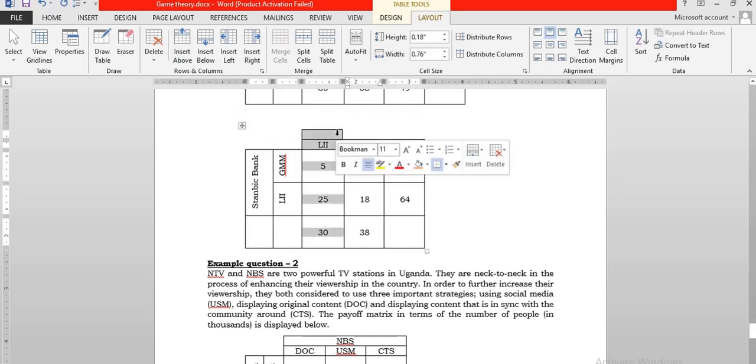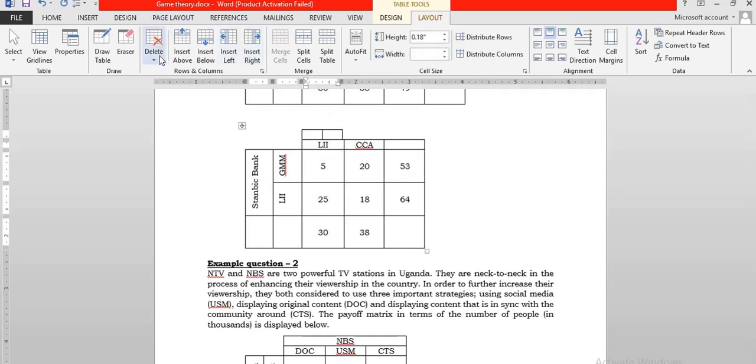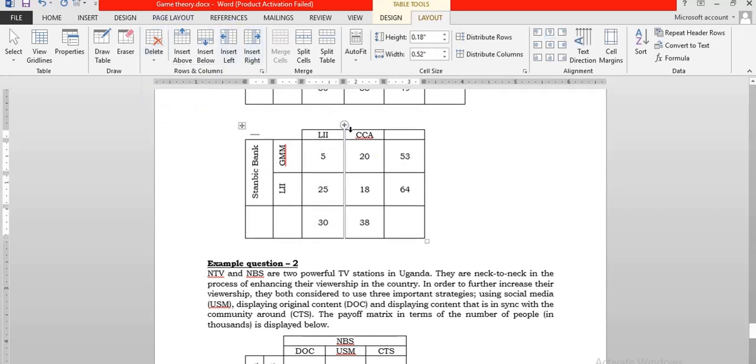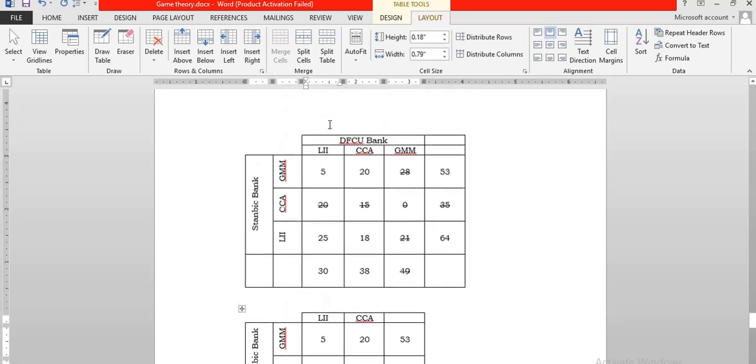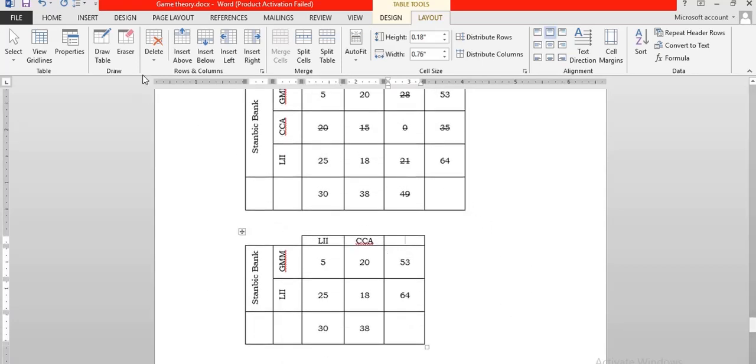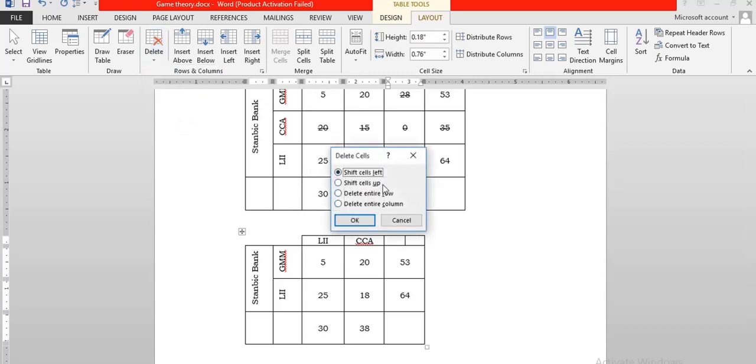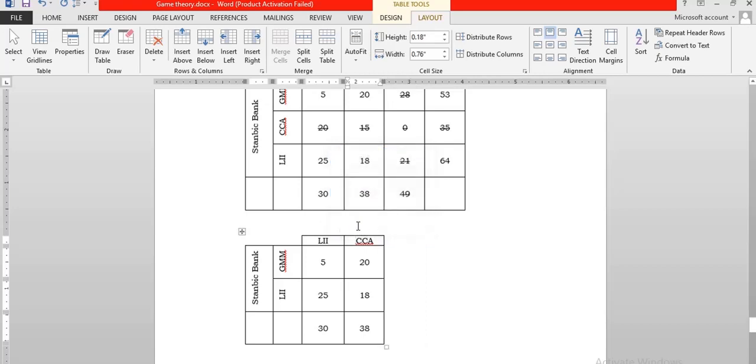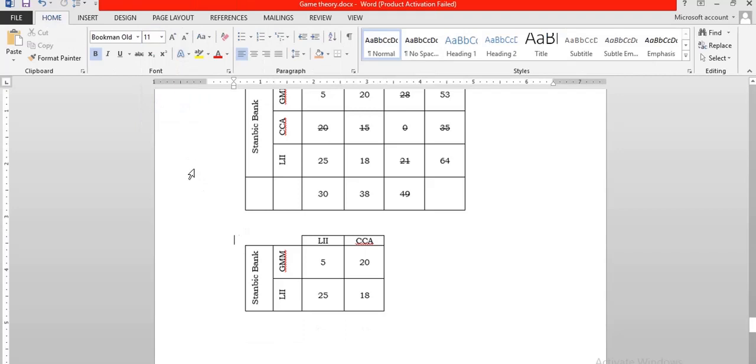Let us remove this one as well. This should also go. This one here. This should also go. Then finally we have this one. It also goes. And this is the possibilities we are remaining with after cancelling out.